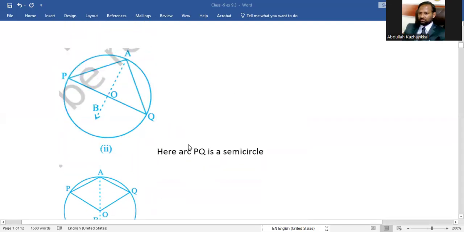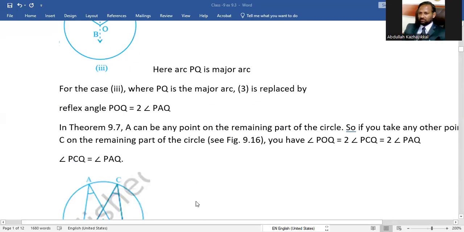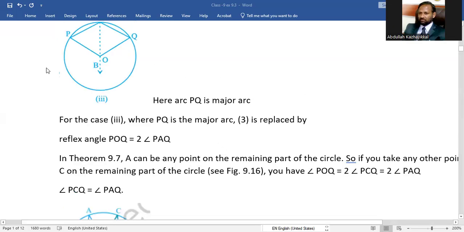From the examination point of view, prove the first case, minor arc. Then here PQ is a major arc, and 3 is replaced by POQ reflex angle. Here it is a reflex angle, POQ not inside, outside, reflex angle.